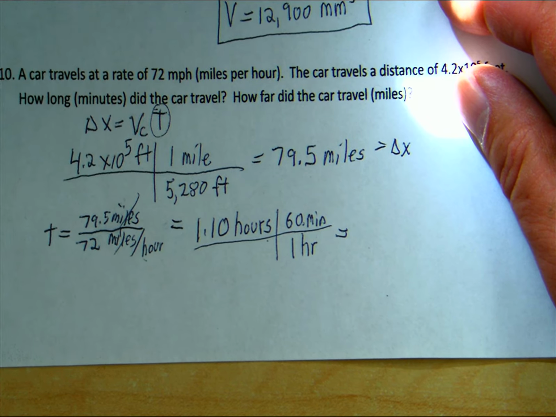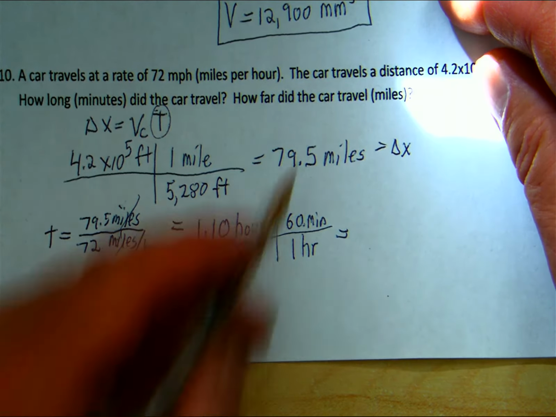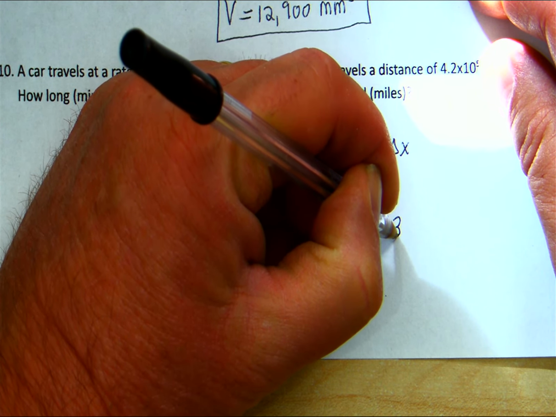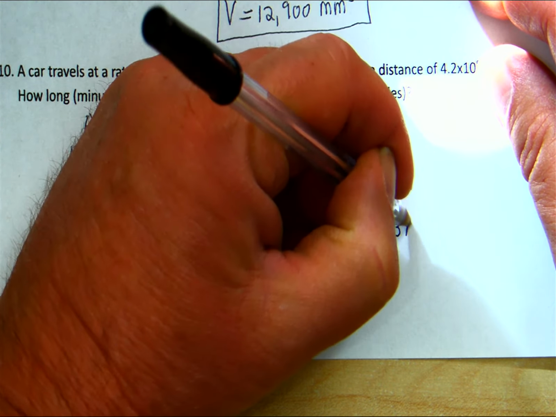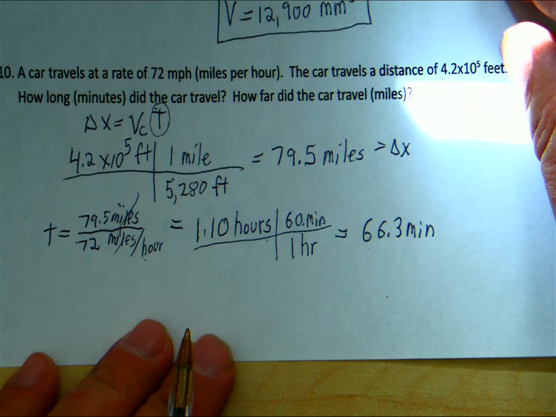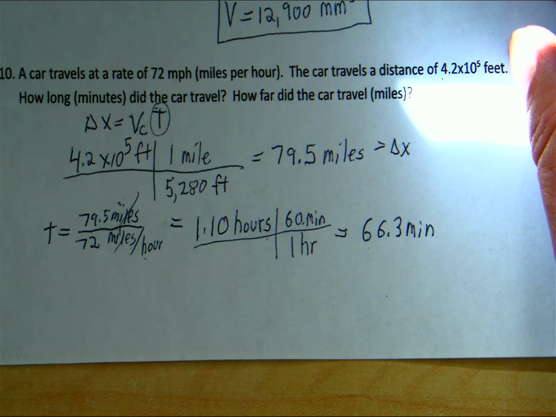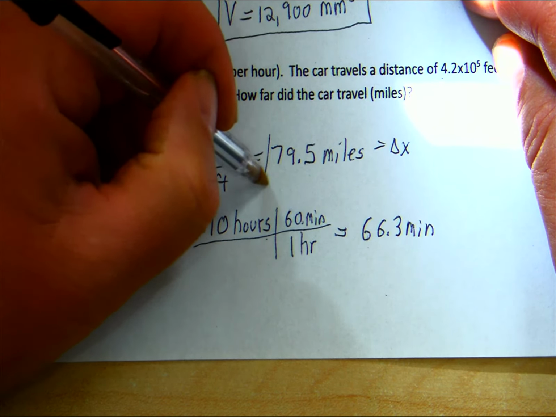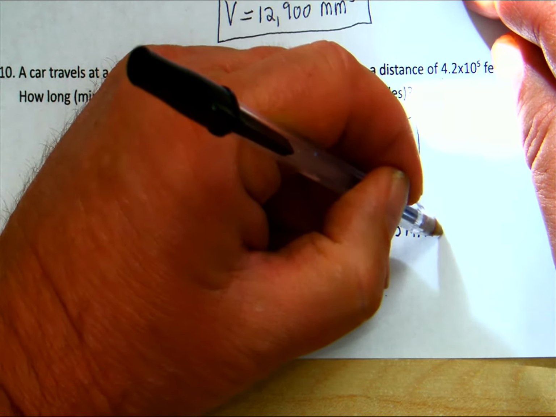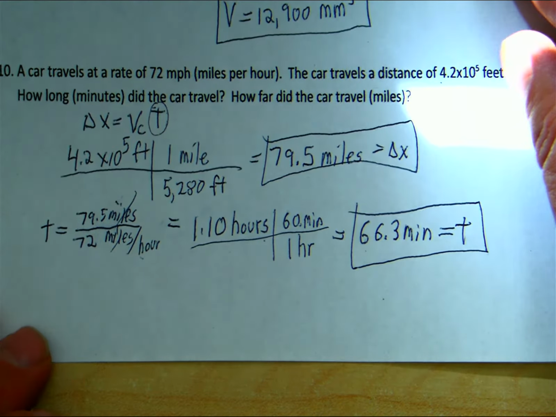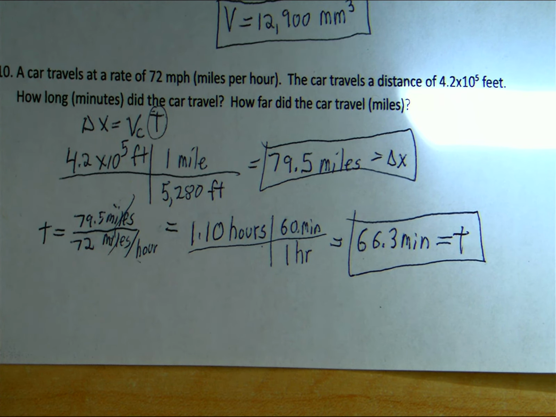So if I multiply my calculator display by 60, it says this worked out to be 66.3 minutes. And how far did it travel in miles? Okay, so we really answered that question first. And the time in minutes was answered there. Ta-da! This ends this debrief.